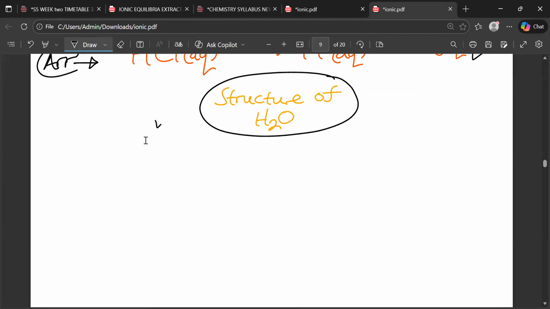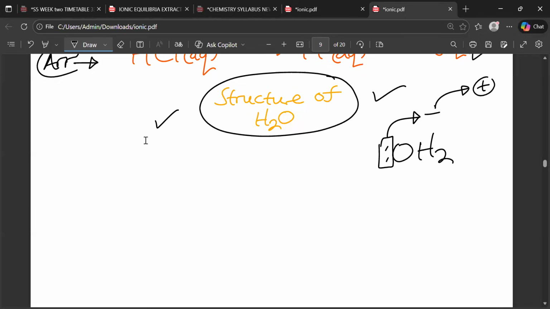So I'd explained everything, and I told you that this is how water looks like. This is where we are. And I told you that these ones are lone pairs of electrons, and we said they are negative. So because they are negative, they can attract what? Positive. Hope you had it.